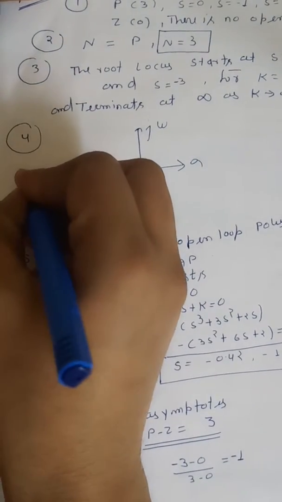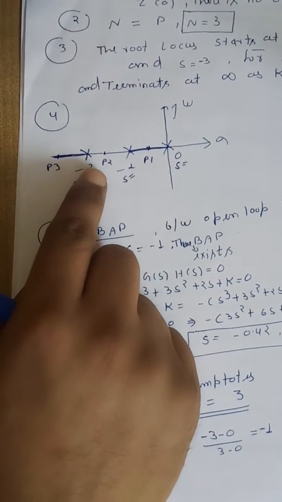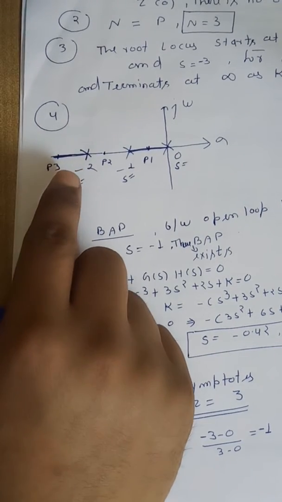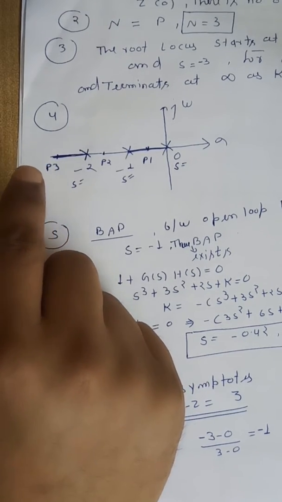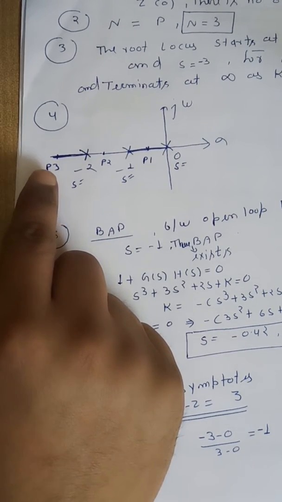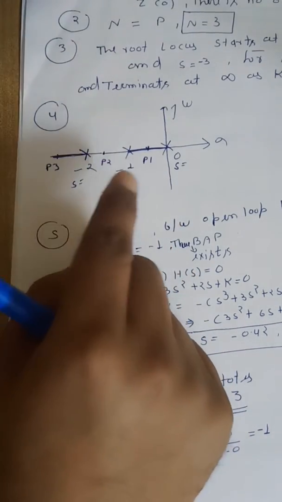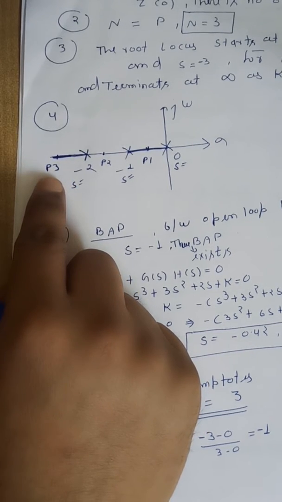Now consider point P3 between s equal to -2 and s equal to -infinity. Let us calculate total number of open loop poles and open loop zeros to the right of point P3. So here we have three open loop poles for the system. It is an odd number, so we can say P3 will lie on the root locus on the real axis.